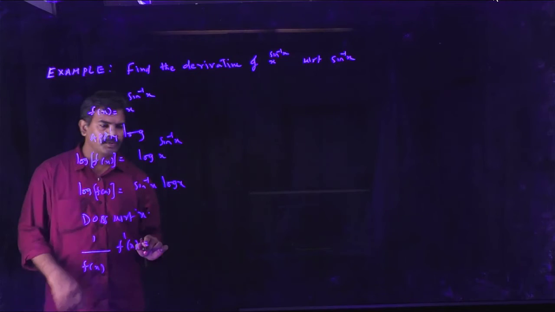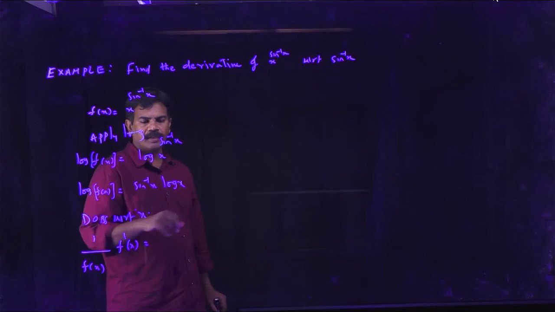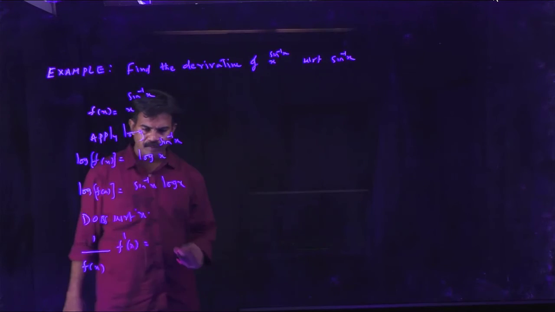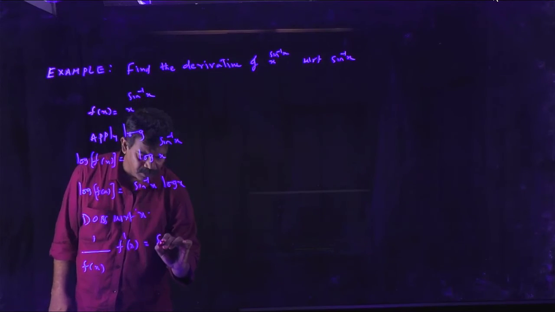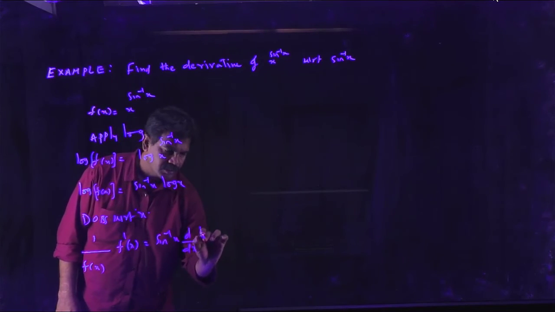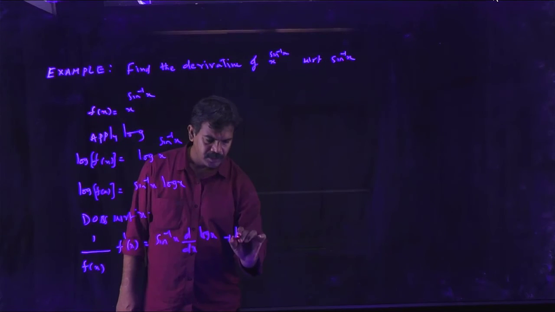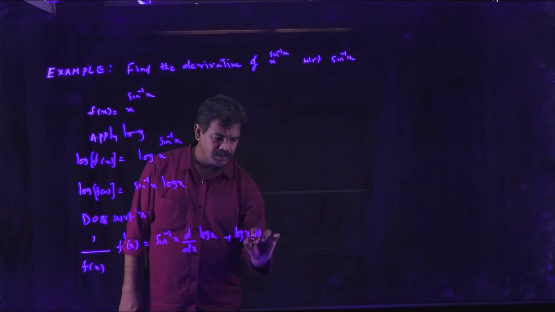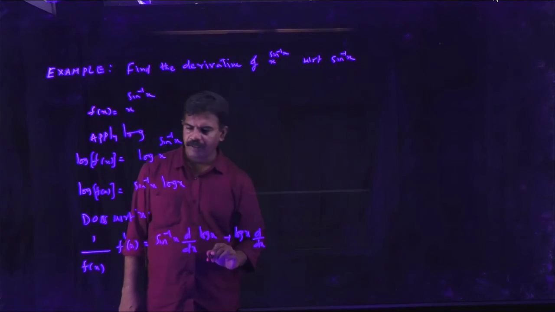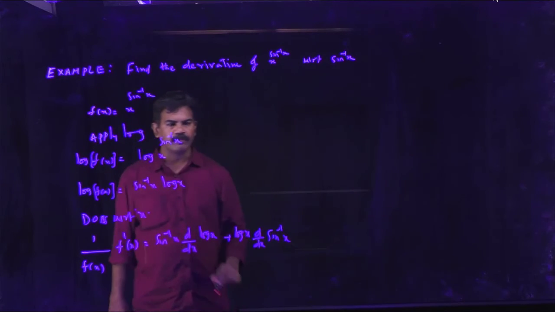That is equal to, here we have two terms, u and v, that is sin inverse x and log x. Apply the uv formula, that is, sin inverse x into d by dx of log x plus log x into d by dx of sin inverse x.